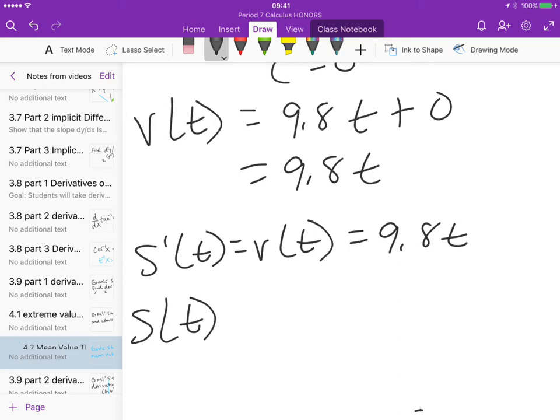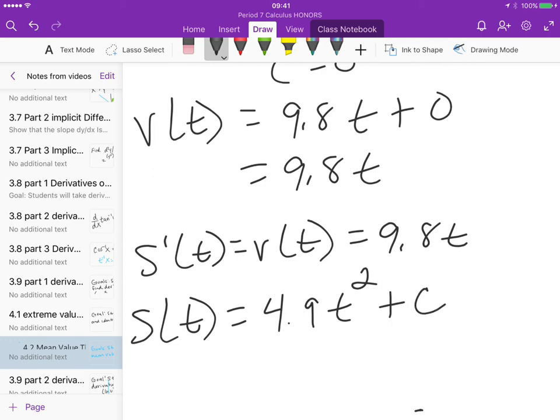I ended with an exponent of 1, so the step before that should have had an exponent of 2. Instead of multiplying 9.8 by 2, I will divide it by 2 and get 4.9 times t squared. You can always double check: 2 times 4.9 is 9.8, and the exponent minus 1 becomes t. So this is really 4.9t squared plus c.